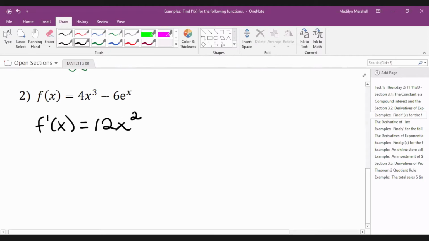Then the next term, minus 6e to the x. So now that x is up there in the exponent, so this is not a power rule anymore. So what will we get for that derivative? Same thing, minus 6e to the x.